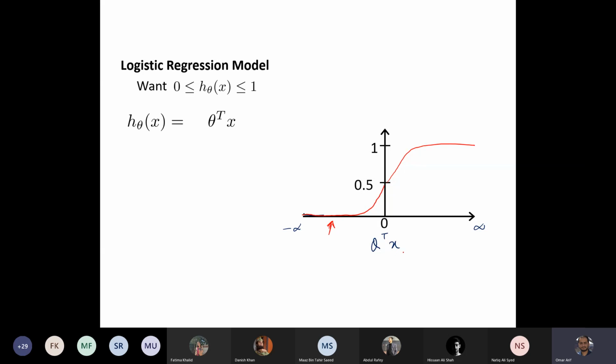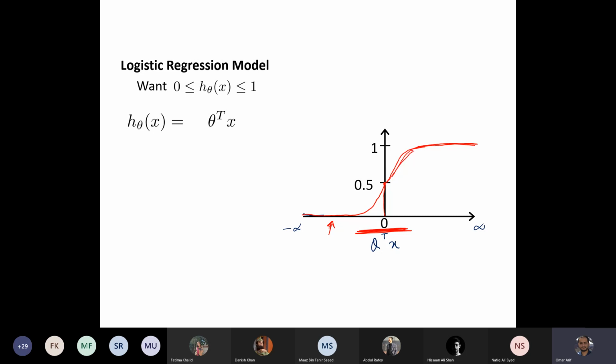If theta transpose x has a larger value, then I get approximately 1. In the area around this region, the value of the output increases. At 0, it becomes 0.5, and then it slowly converges to 1. So this is what I want.